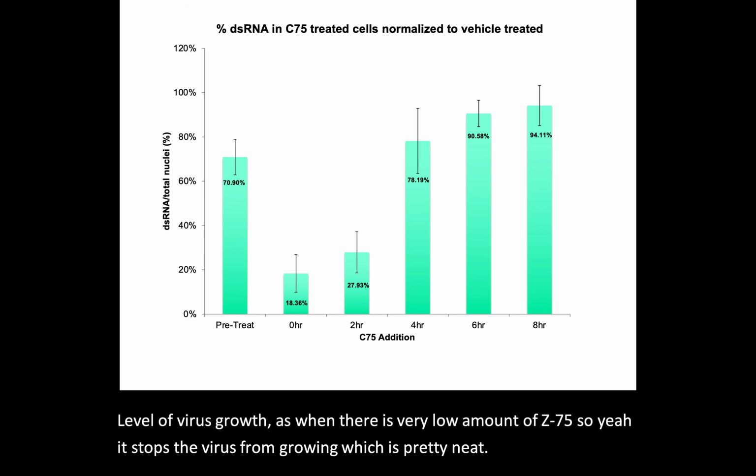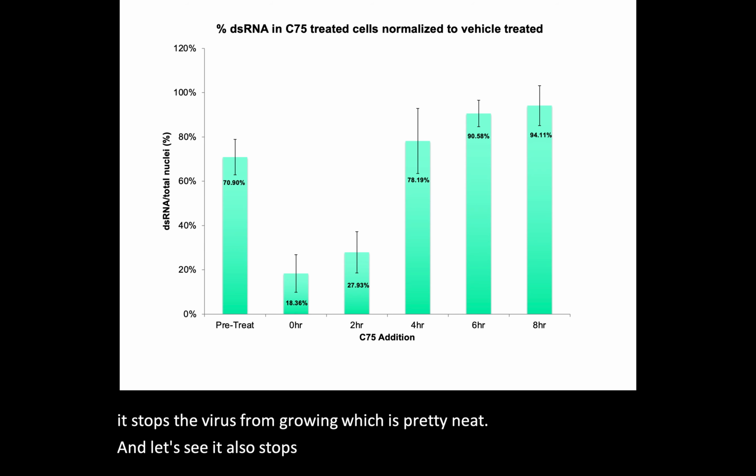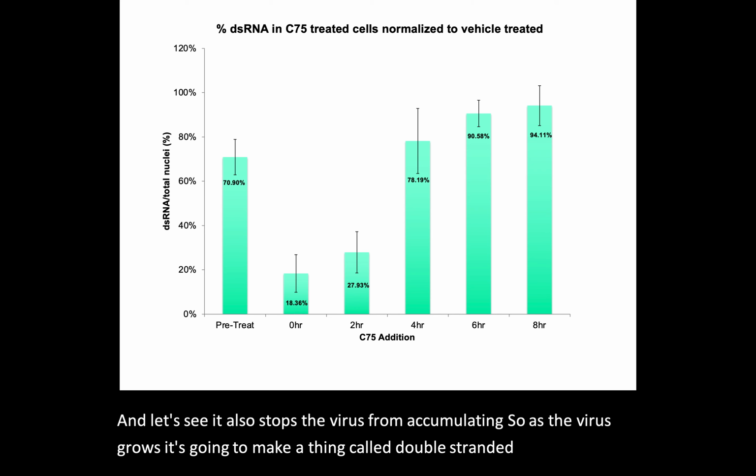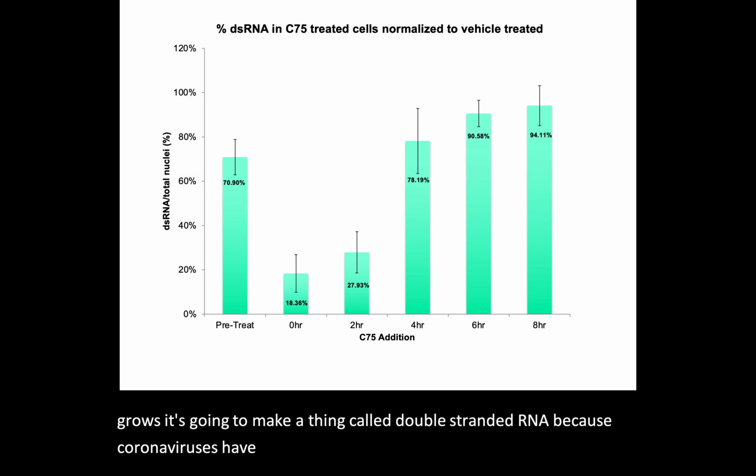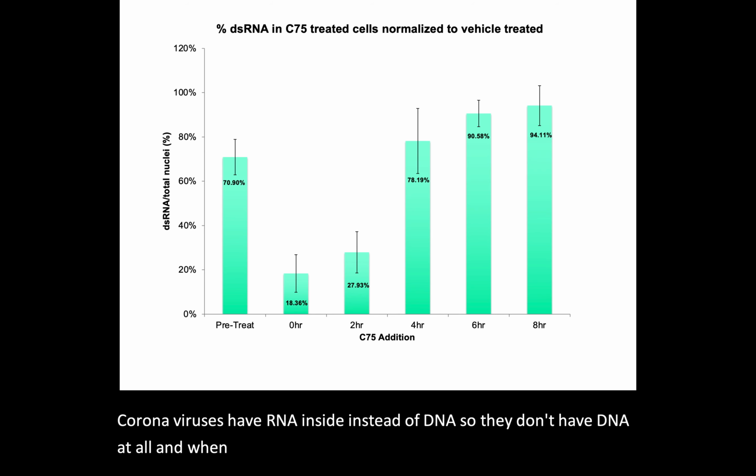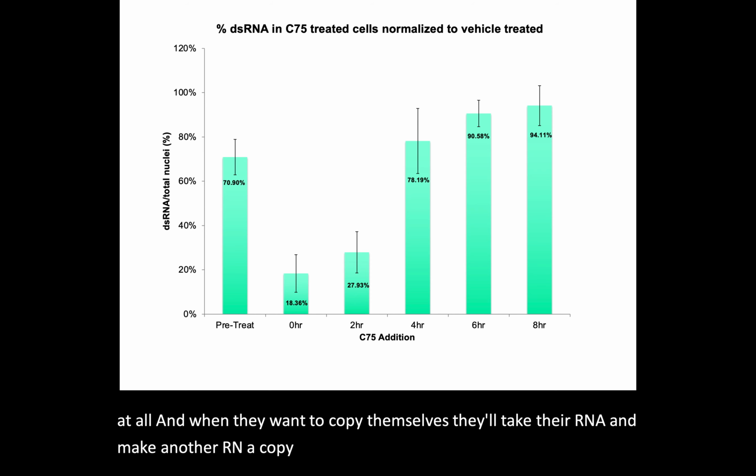And let's see, it also stops the virus from accumulating. So as the virus grows, it's going to make a thing called double-stranded RNA, because coronaviruses have RNA inside instead of DNA. So they don't have DNA at all. And when they want to copy themselves, they'll take their RNA and make another RNA copy of it, which makes a double-stranded RNA.